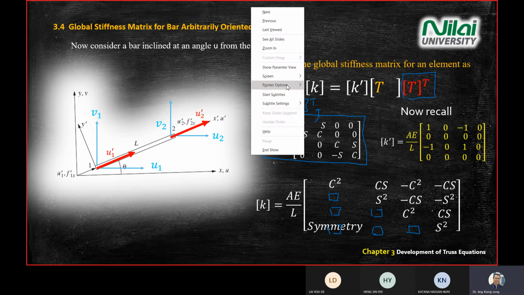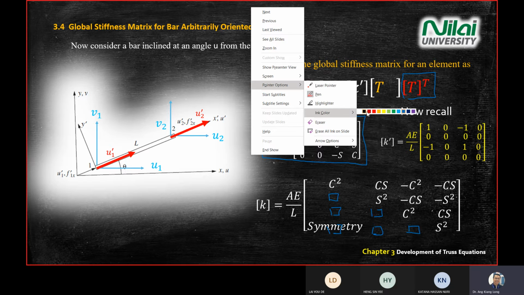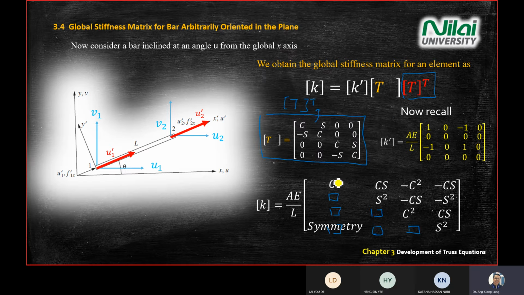Okay, what do we mean by symmetry? It means it's a mirror. We just want to save time. Sometimes we are lazy to write the bottom here, so we use the word symmetry. It means this is your mirror axis, so what you see here will be reflected on the other side. So this one will be minus CS, reflected directly.